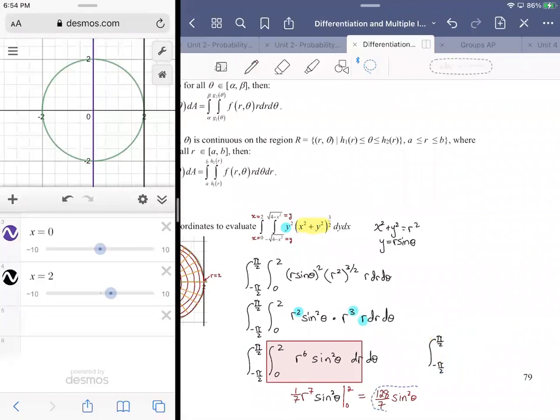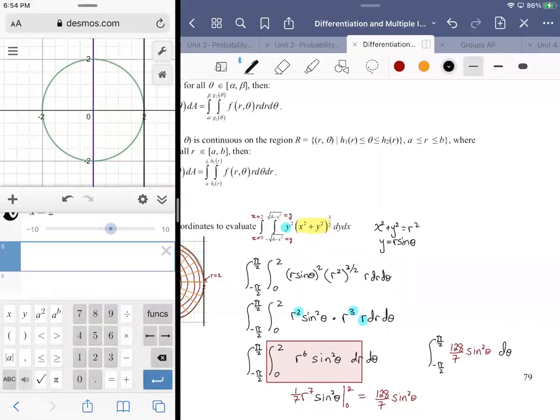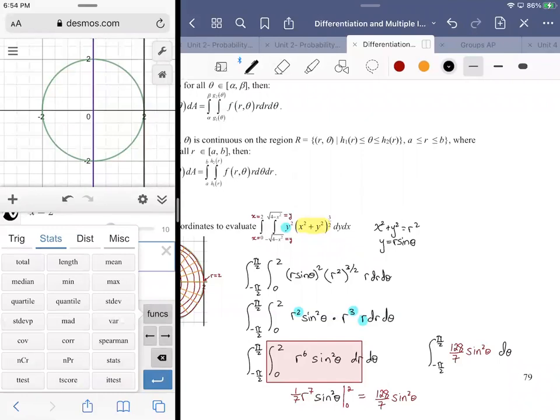And unless you want to get into trig integration, the trig rules and all that, I would say just go right to the calculator at this point. I mean, you could have gone to the calculator sooner, I suppose, but now you really probably want to go there.